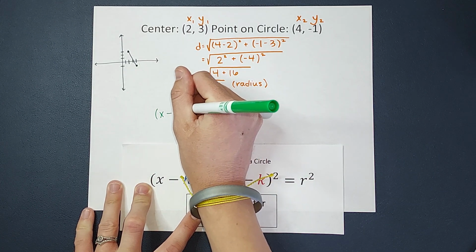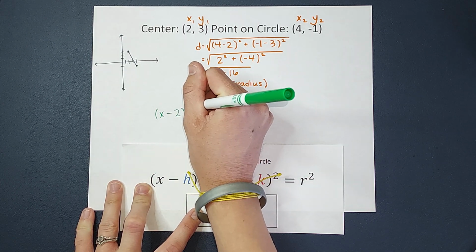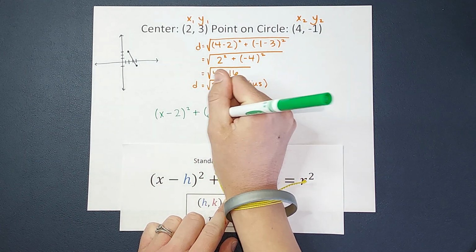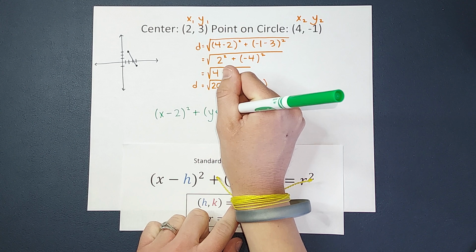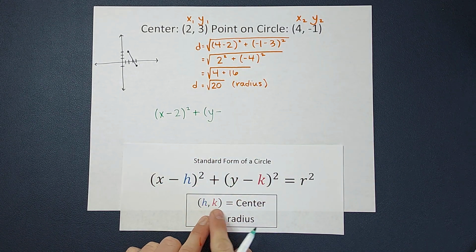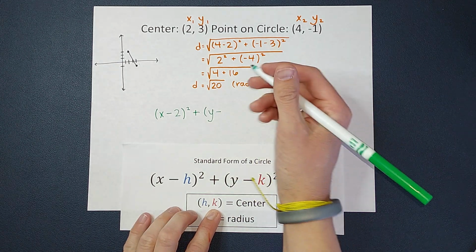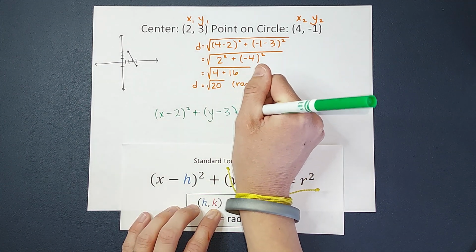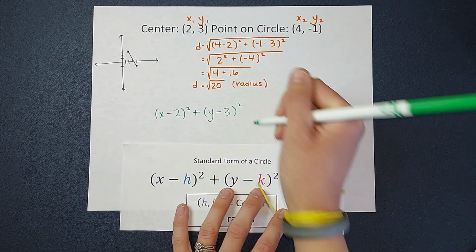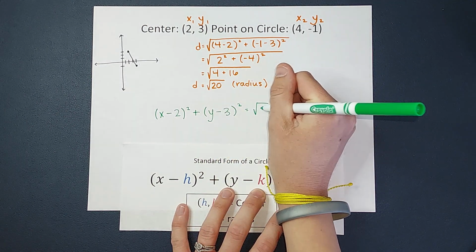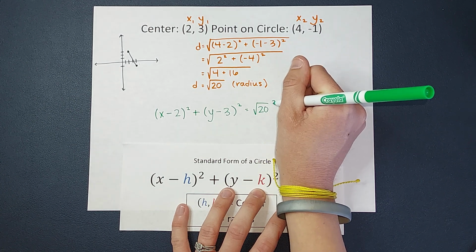So 2 squared plus Y minus K, which is the second number in my center ordered pair. So it is 3 squared equals my radius, which is the square root of 20 squared.